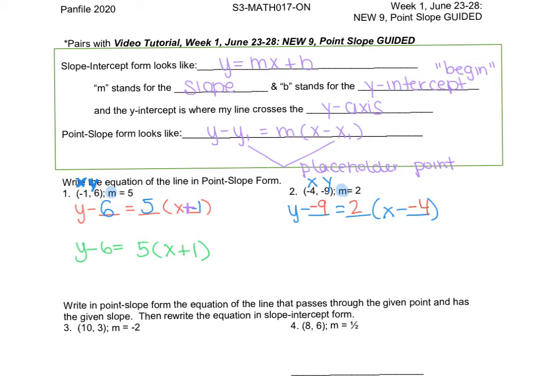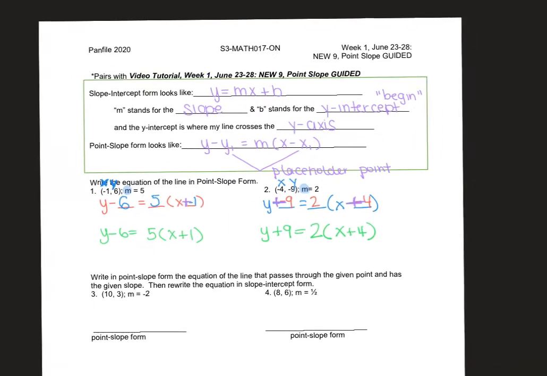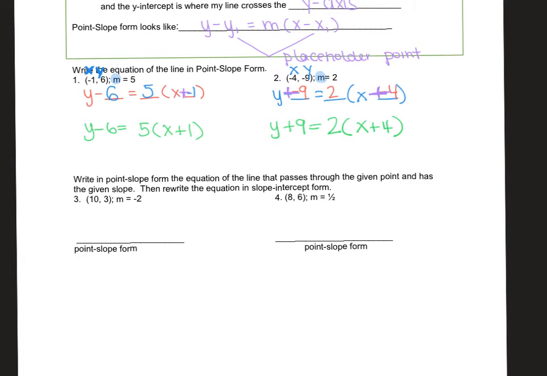I'm going to go back and fix any of my double signs. And what I end up with is y plus 9 equals 2(x plus 4). Period.